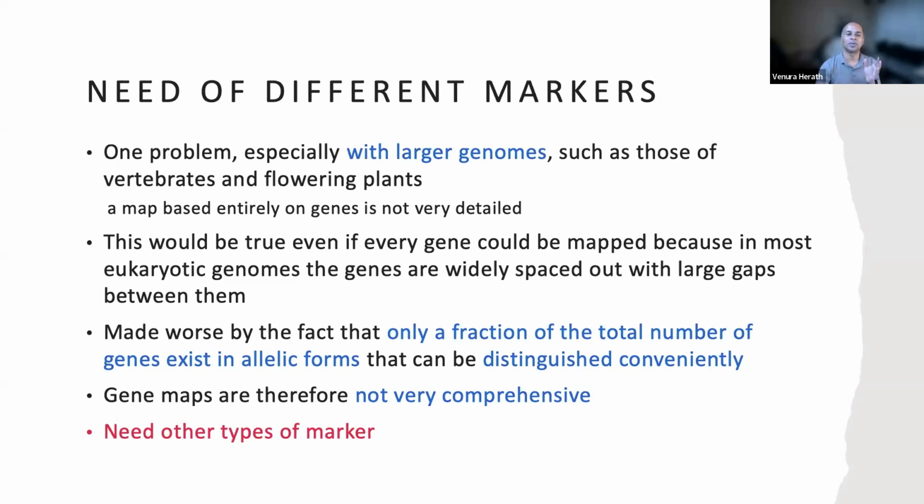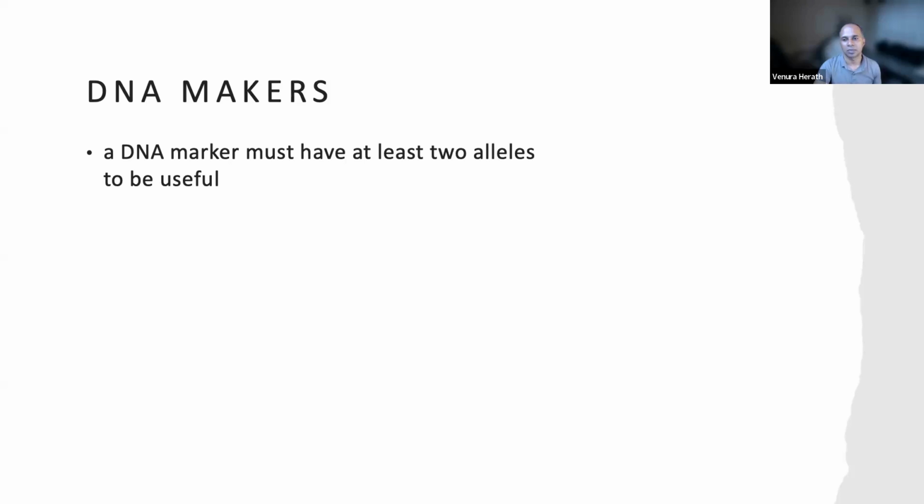Okay, so now we went from genes to biochemical markers. Now we are going for another set of markers that helps you to have a very comprehensive map. When we start talking about these DNA markers, as we already discussed, they must have at least two alleles to be useful.